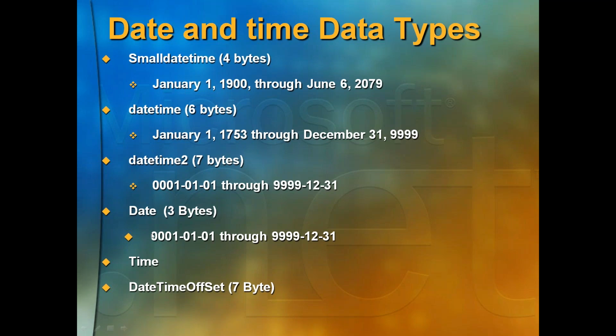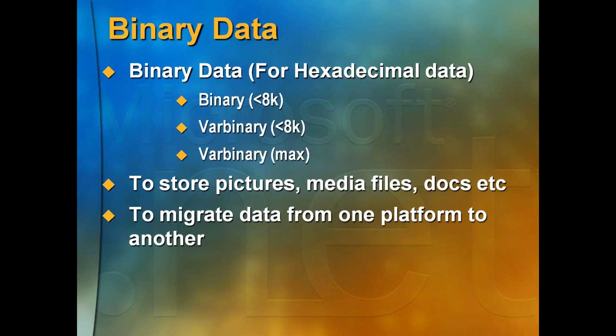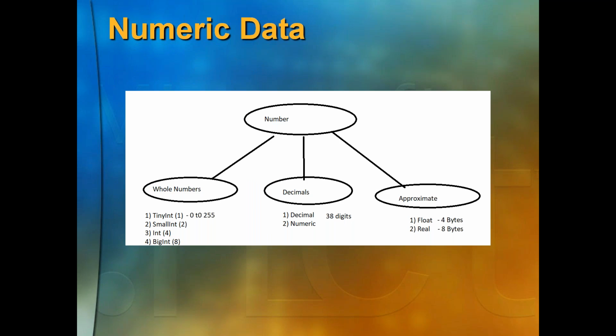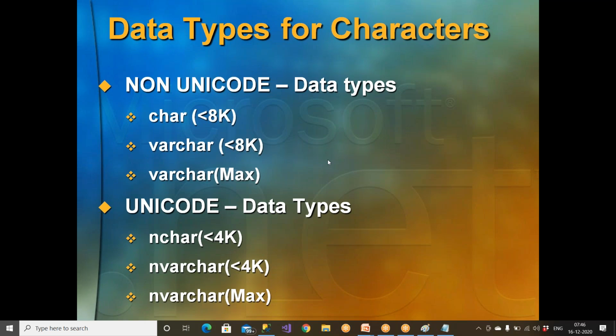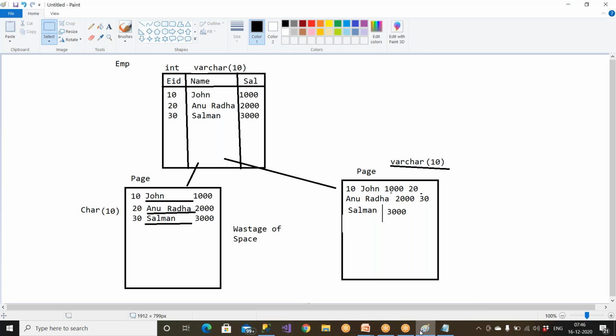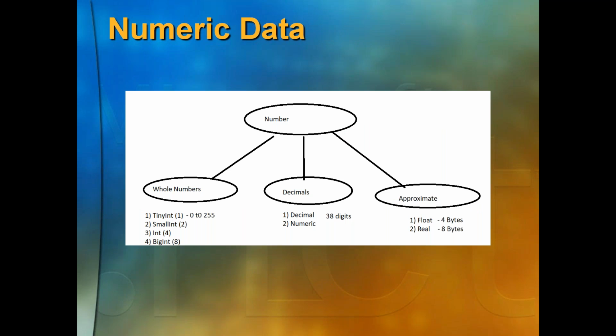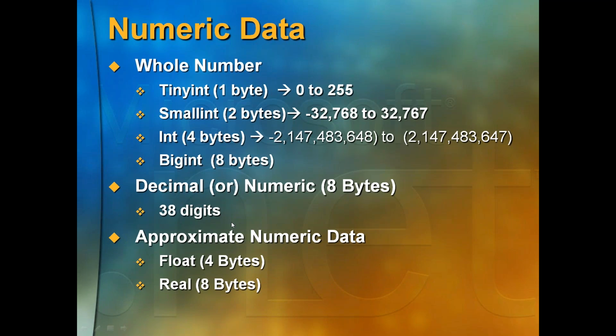So these are the types we use to store date and time. And from tomorrow, we'll discuss binary data. Are you clear? You may ask me, even though we have letters, special characters and numbers in the character data, why is numerical data needed separately?